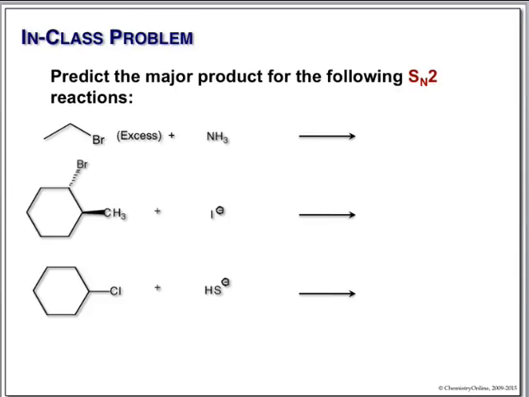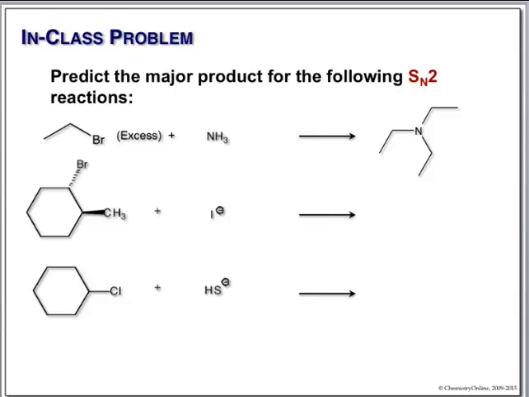The bromine is going to leave. If we had a single mole of each, we would expect to get the single substitution product. The fact that you put the word excess here tells you something. It tells you that you want to do this reaction over and over and over again until basically you fill up your nitrogen.